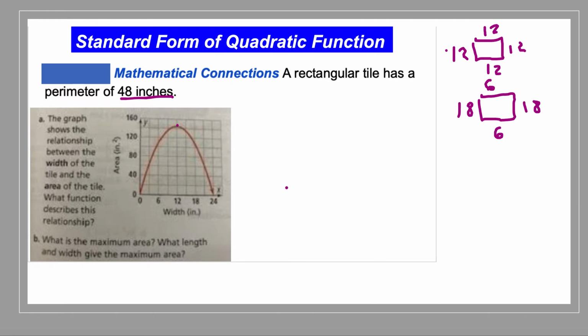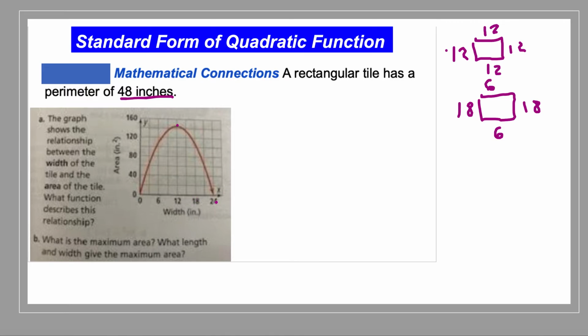So it satisfies. The same rectangle can be used for 6 and for 18.